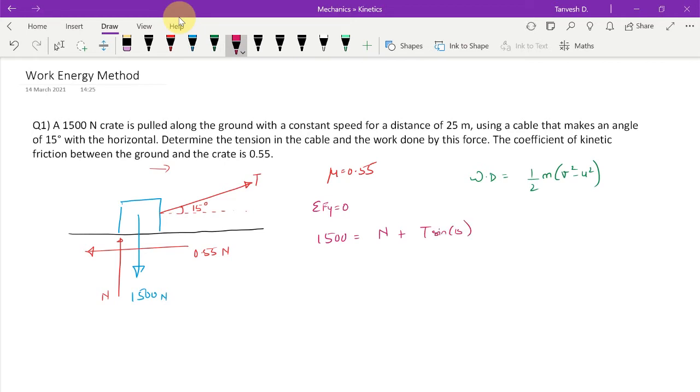Okay, so N I will get as 1500 minus 0.2588 times T. The frictional force I would write here as F mu would be equal to 1500 multiplied by 0.55, which is 825, minus 0.1424 times T. This is your frictional force, F mu.